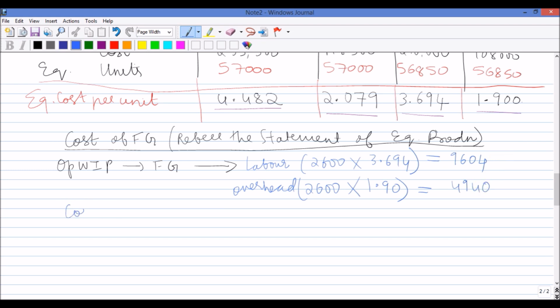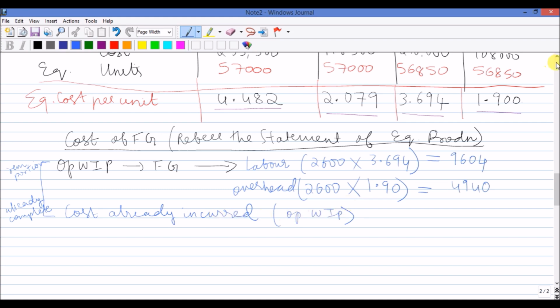Then the cost already incurred, that is the opening work in progress. So I'm giving you a breakup, friends. In this, the remaining portion was completed, and this was already completed by the previous process. So this cost has already been incurred.